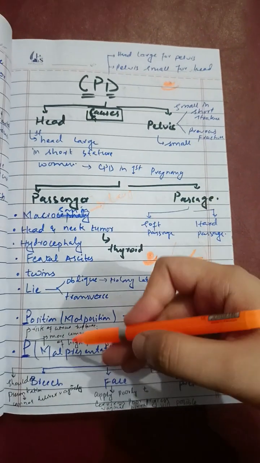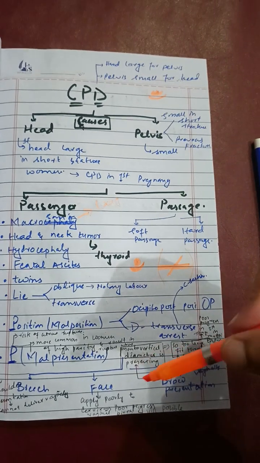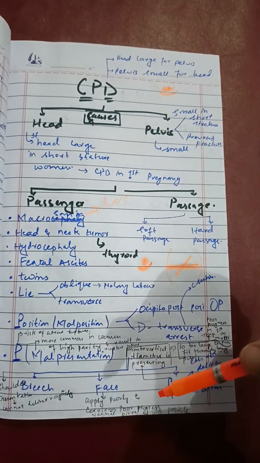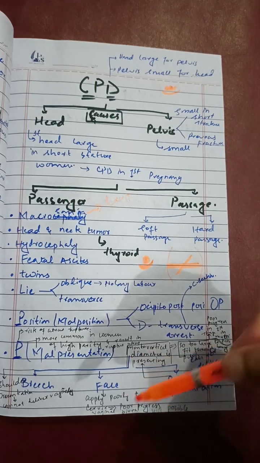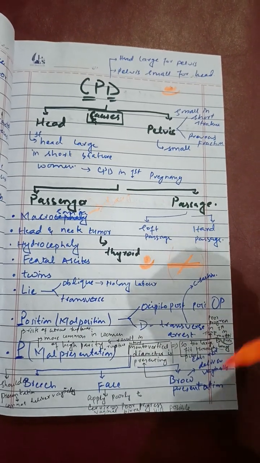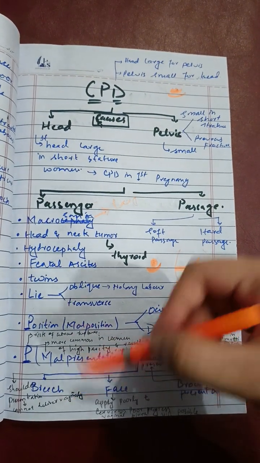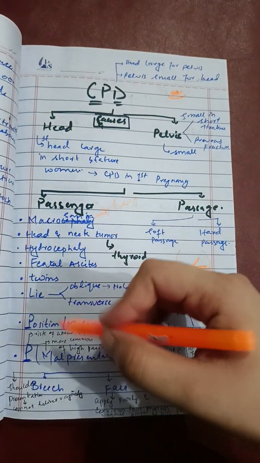In malpresentation, there is the breech presentation, the face presentation, and the brow presentation. In the face presentation, the progress is poor, but vaginal delivery is possible. In the brow presentation, the brow cannot be delivered vaginally. In the breech presentation, the presenting part is the buttocks of the fetus.